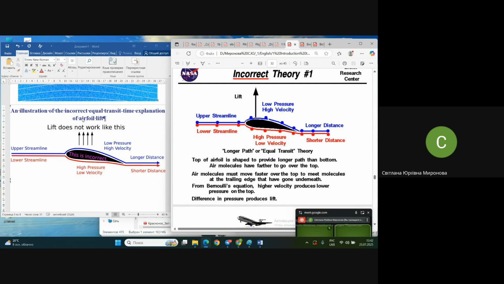A little bit more complicated, at least compared to the Bernoulli principle, that theory is not so simple to understand. Right now, it's not our problem. We are not talking about it. We're just talking about the flight principles, I remind you.